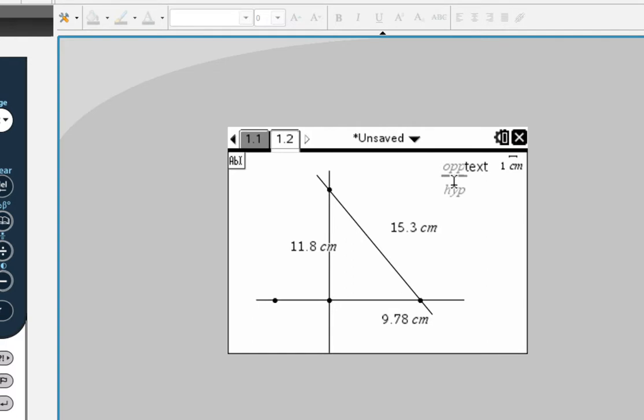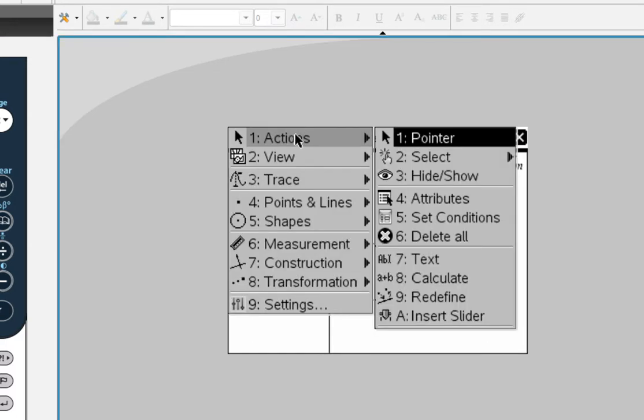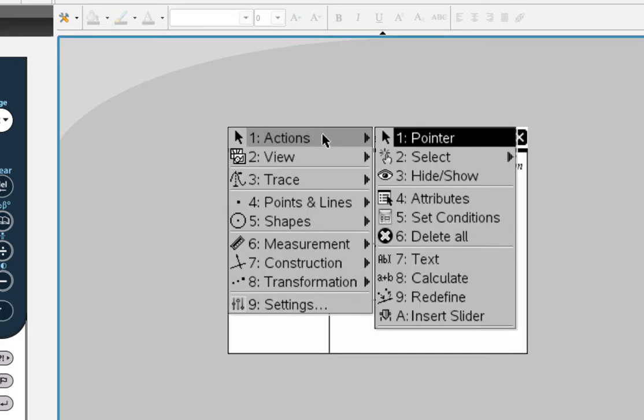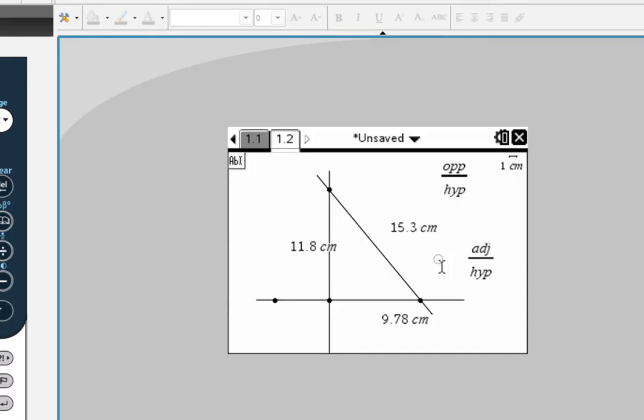Put that one there. And one more. Put it up there. Okay, make sure I did it all right.